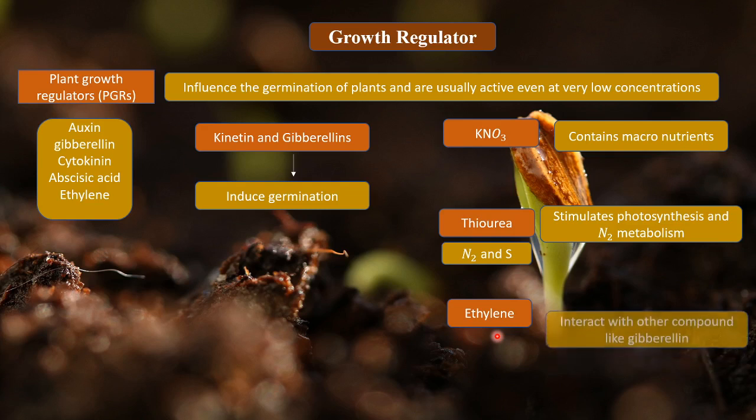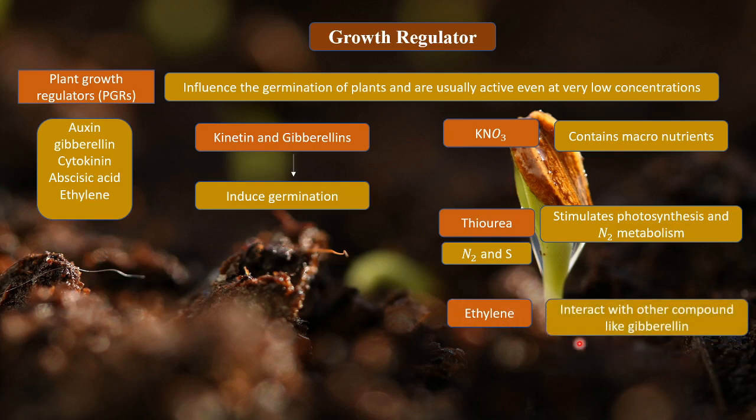But what it does is that ethylene has been known to interact with certain other compounds like gibberellin. And what is gibberellin? Gibberellin is a growth stimulator, right? So ethylene has been known to interact with such compounds that stimulate the growth process.